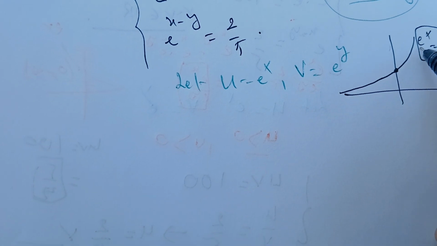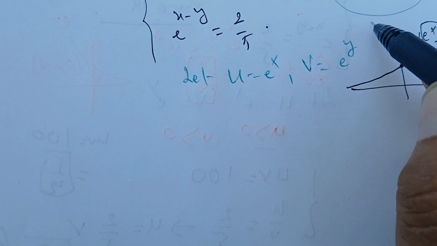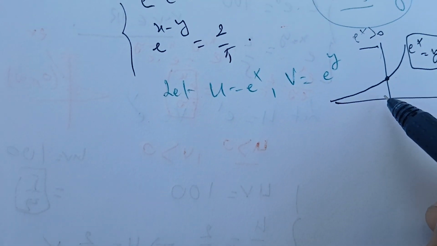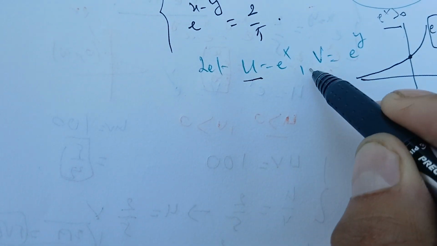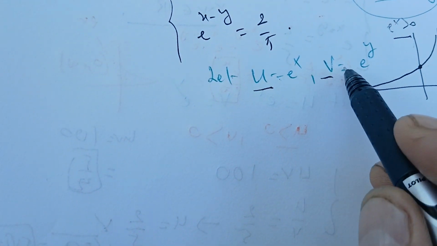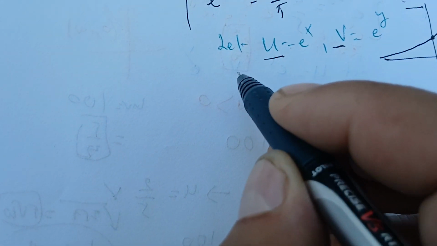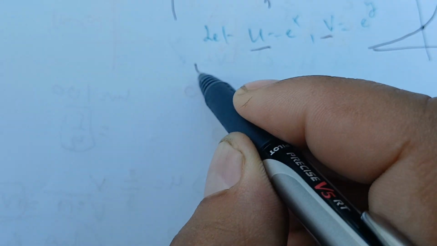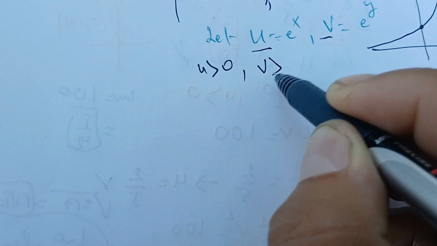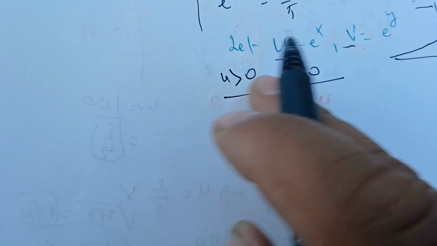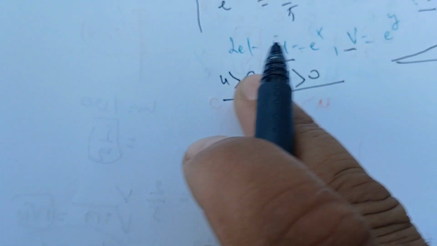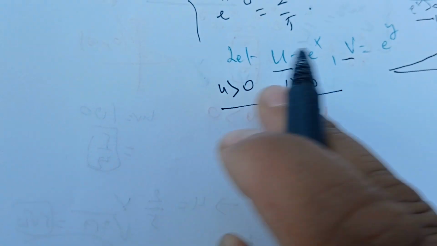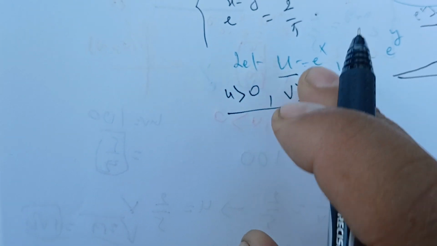We know that e to the x is always bigger than 0. The same thing for u and v. So when we do this change of variable, we have this restriction: u is bigger than 0 and v is bigger than 0.